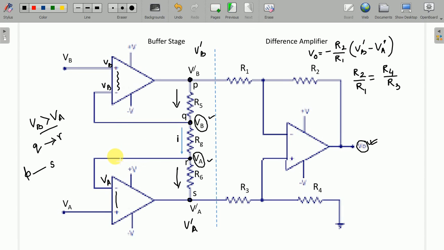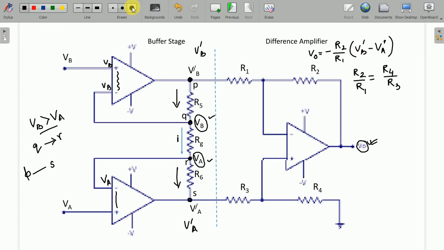So when VB is greater than VA, there will be a current flowing from Q to R, and the same current will be flowing from P to S, right? Because there is no current flowing inside the operational amplifier.